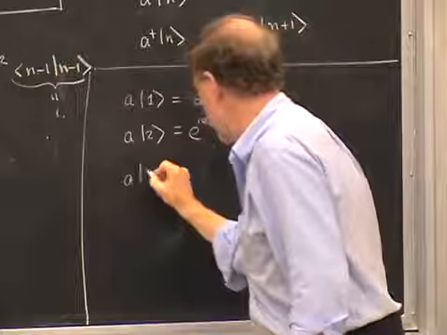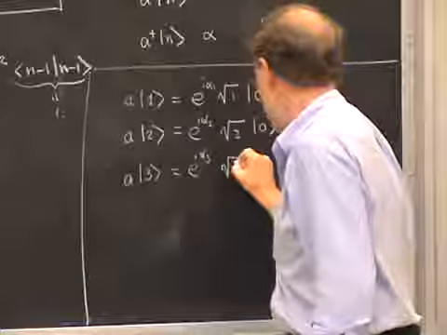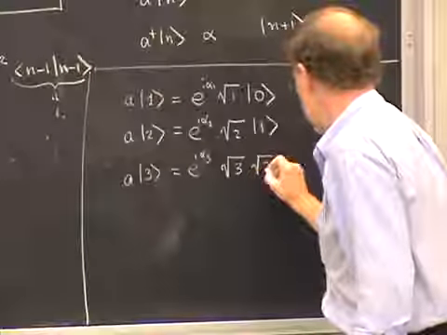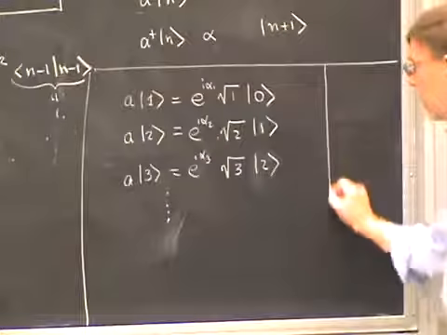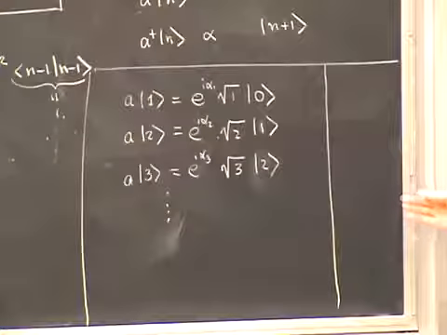A acting on 3, we get e to the i alpha 3 times the square root of 3 times the state 2, and so on. I'm just writing down some of these so you can see the pattern.